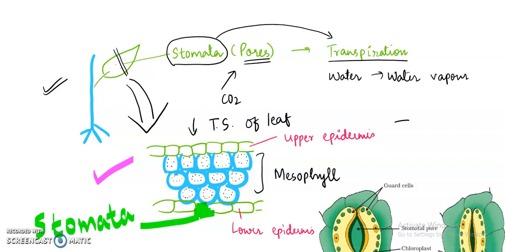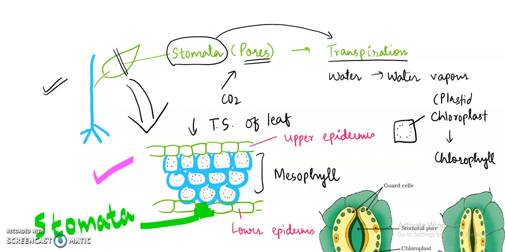In each mesophyll cell, I am drawing dots here. What are these dots? These dots are the chloroplasts. Inside chloroplast, what is there? Chlorophyll, which is the green color pigment. So chloroplast is an example of a plastid, and chlorophyll is the pigment found inside the chloroplast. So chloroplast will be found in the mesophyll region.